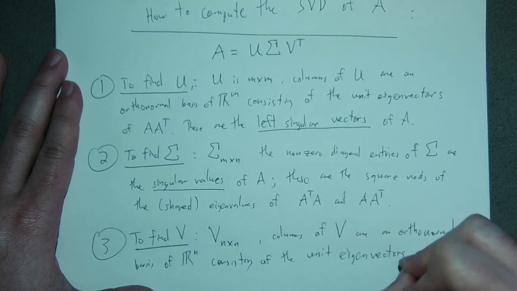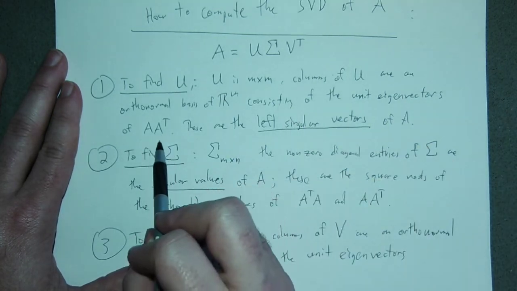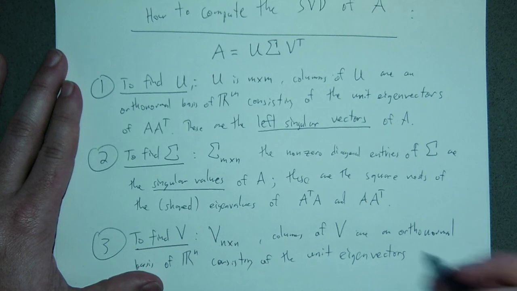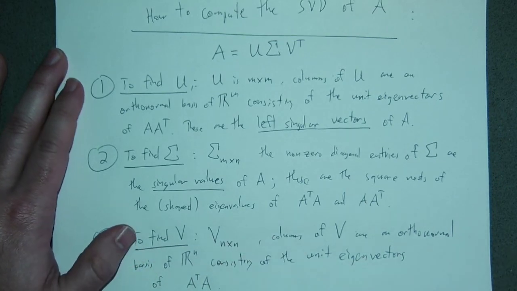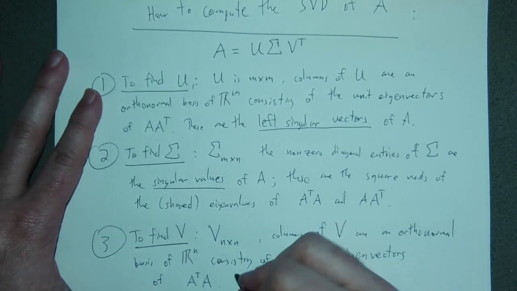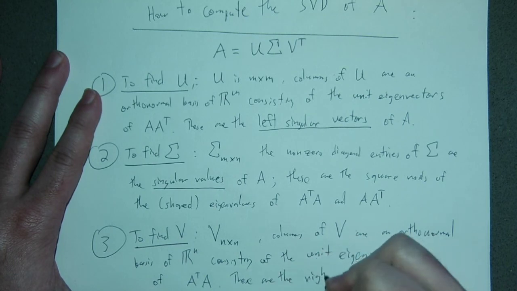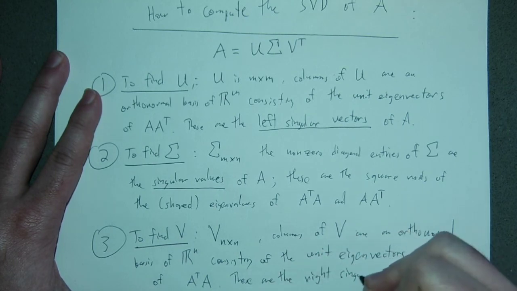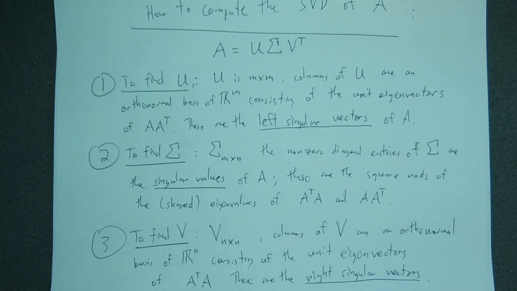What's it going to be? This was the unit eigenvectors of A A transpose, which is an m by m matrix. This is the unit eigenvectors of A transpose A. Okay, these are the right singular vectors.